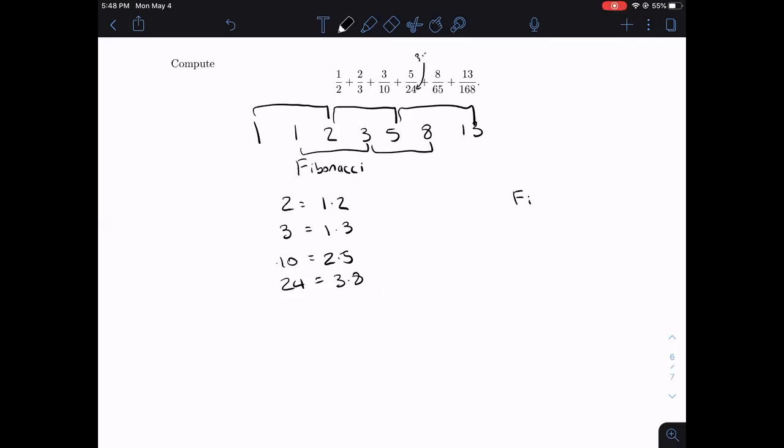So 24 is 3 times 8, which are these two numbers. So each one is f(i-1) times f(i+1). So now we sum this number up. So I'll let you guys think about it for a bit.